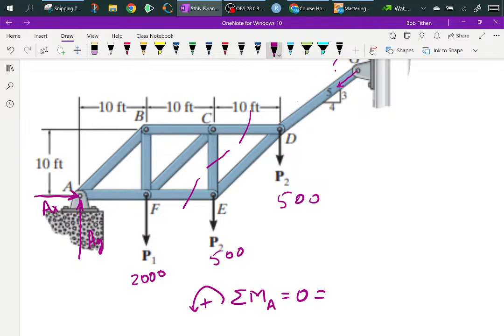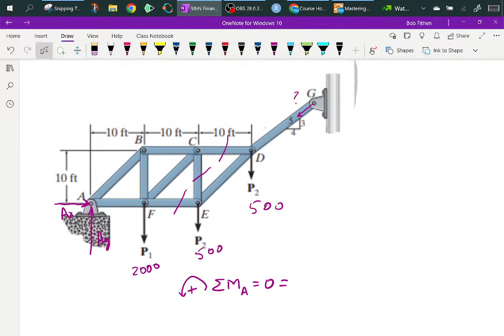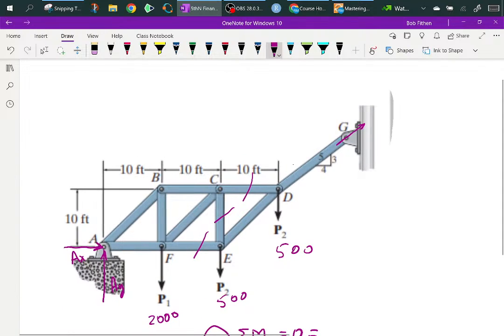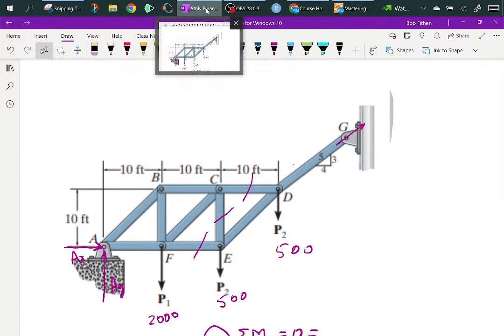Okay, first of all, I'm going to assume that this thing is pulling. I can pull it anywhere I want. In other words, I'm going to assume that the gusset is pulling on the member like that.